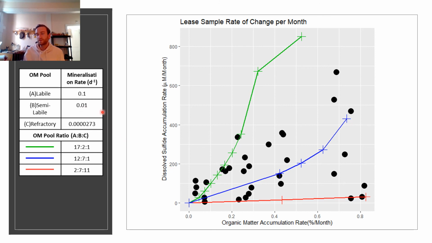This could very well be related to the mixture of the different ratios of the mineralization rates of the organic carbon that's coming down to the sediment. So we've got our fast, medium, and slow decay here, and by making a ratio of the flux of organic matter that's coming down, we can change, or you see changes in accumulation rates. Very fast decay, a lot of sulfide.